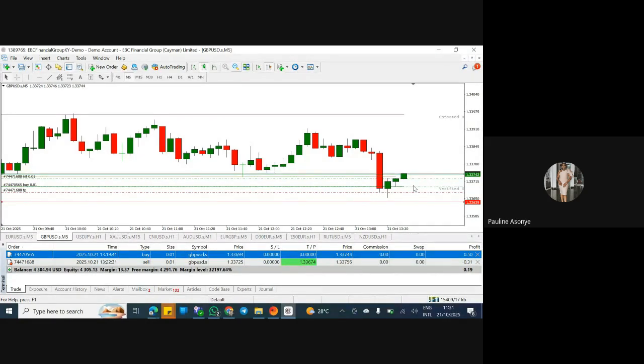I do not want to use my live account to do this practice before I ruin myself. In fact, you can see this market has gotten to our TP. If we had put a TP, this thing would have closed us out. Are you seeing? This green part here was where our TP was supposed to close out. If there was a TP on this buy, you see, it has exceeded it. It should have closed us out in profits.